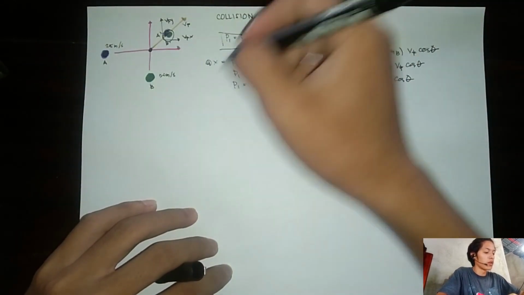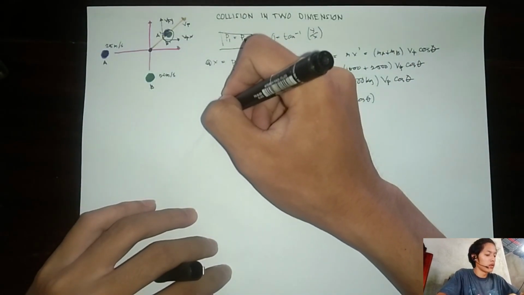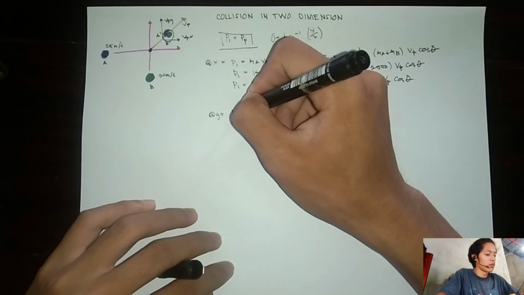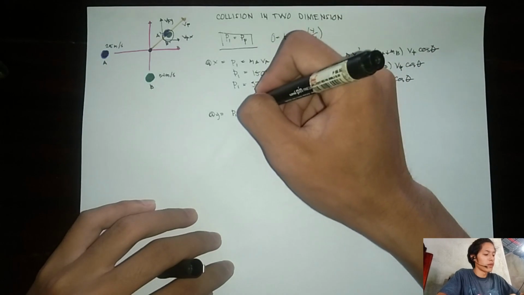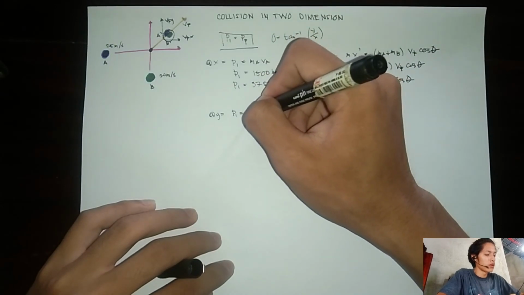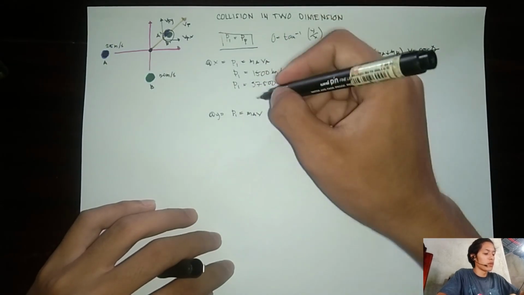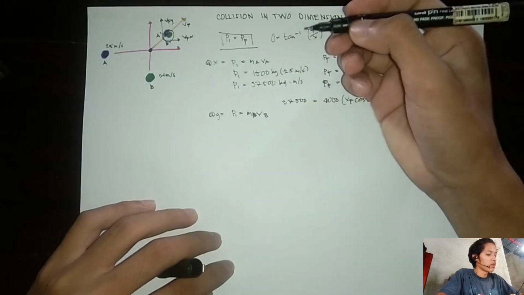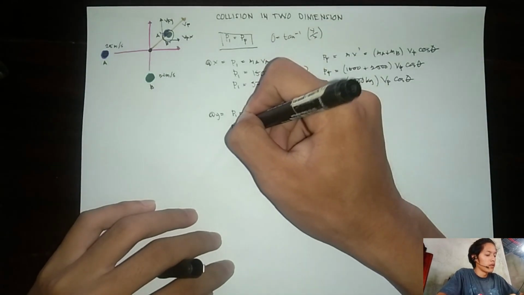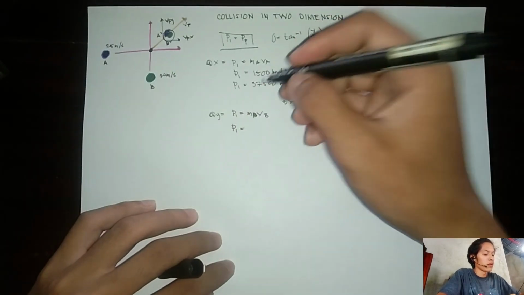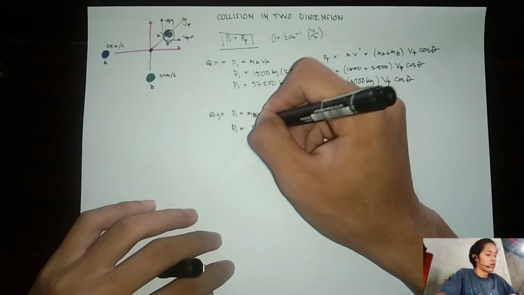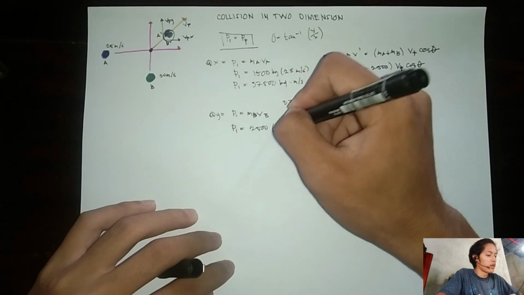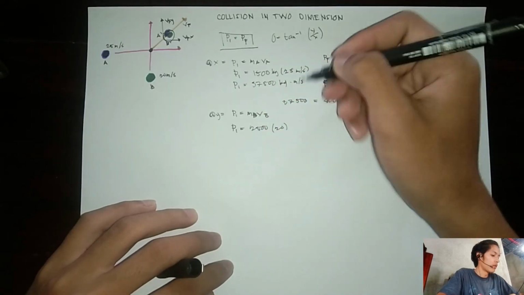Sa y component naman, for y component, we have the initial momentum na equal sa mass B times velocity B. Momentum initial is equal to mass na 2,500 times 20 meters per second.